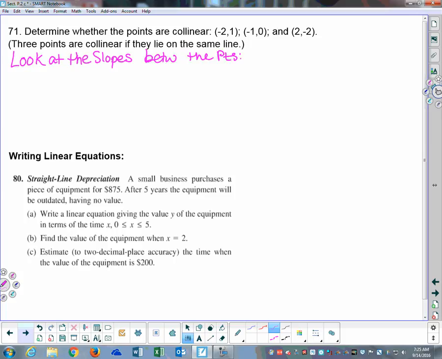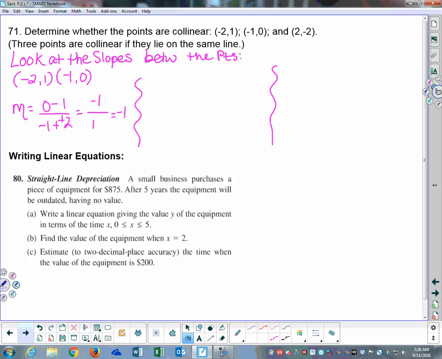So let's take a set of 2 points there, negative 2, 1, and negative 1, 0, and calculate out the slope. Y minus y, x minus x, done in the same order, gives me a slope of negative 1. Next, let's check out a different set of points.